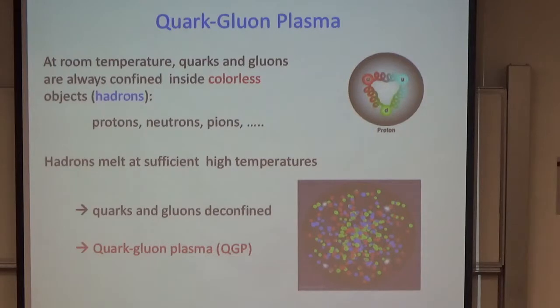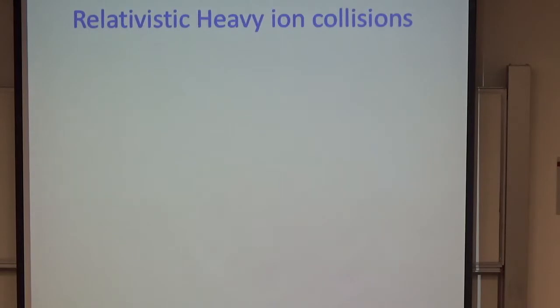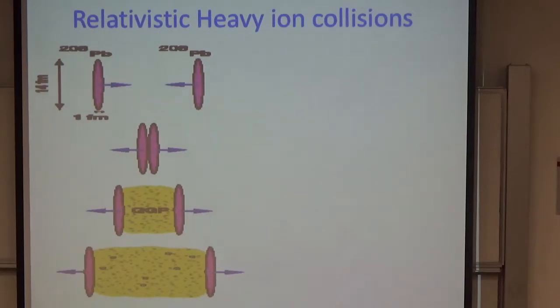And during the last decade, since the beginning of the 2000s, people have been trying to collide heavy ions to create the quark plasma, using relativistic heavy ion collisions. The basic idea is very simple. You take 2 heavy nuclei, you accelerate them to very high velocity, and then you just collide them.